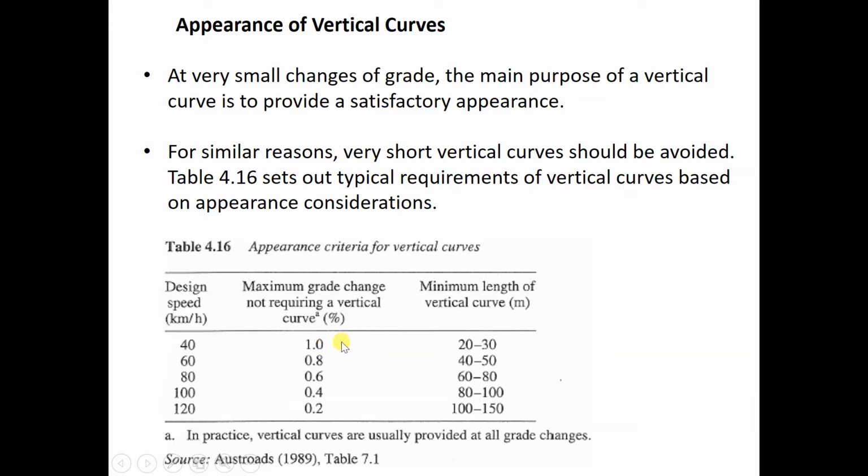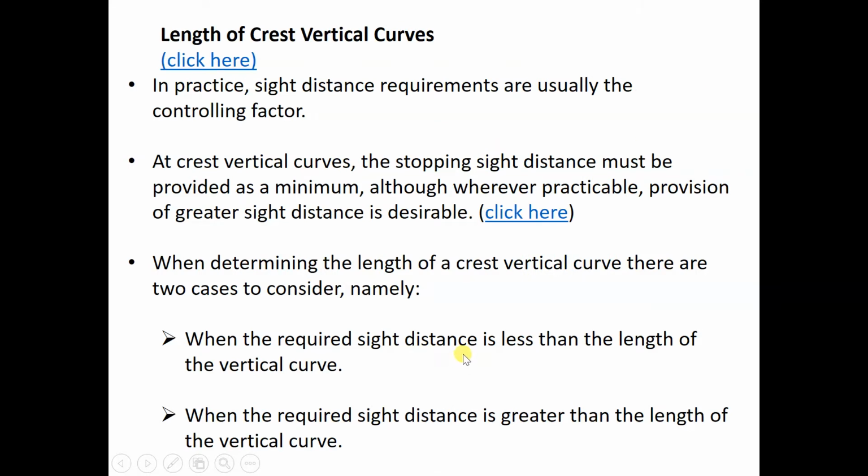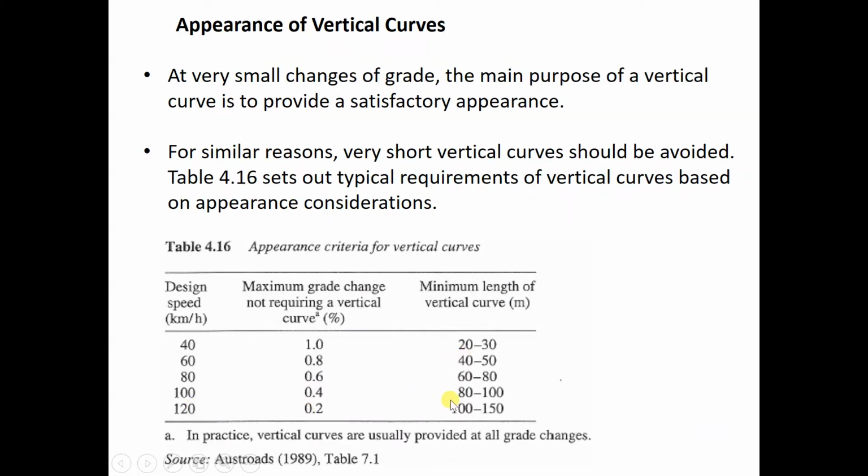For the various design speeds, some minimum lengths of vertical curves are given on the right hand side. For 40, it's 20 to 30 meters long; 80 is 60 to 80 meters long; and 120 is 100 to 150 meters long. We need a certain length of vertical curve to make it look pleasant.